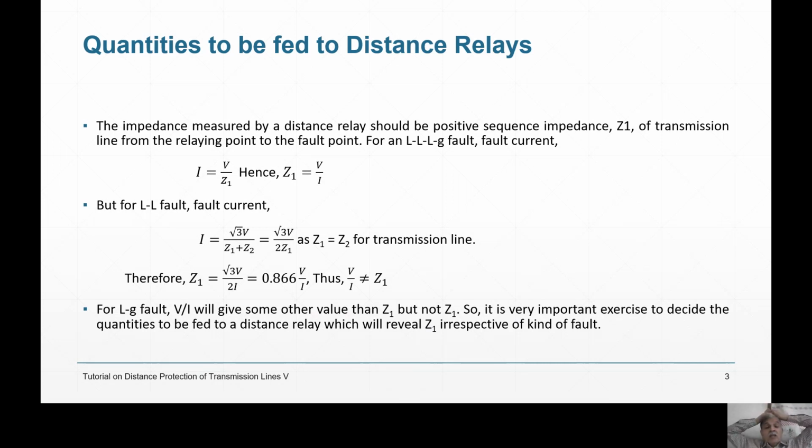And mind you, friends, for LG fault, ZF may be quite large, because LG fault means a flashover across the line insulator, and then tower resistance. Tower resistance is not as good as the ACSR conductor resistance, because tower iron is not a very good conductor of electricity. Its resistivity is high. And then the soil resistivity will also differ from place to place.